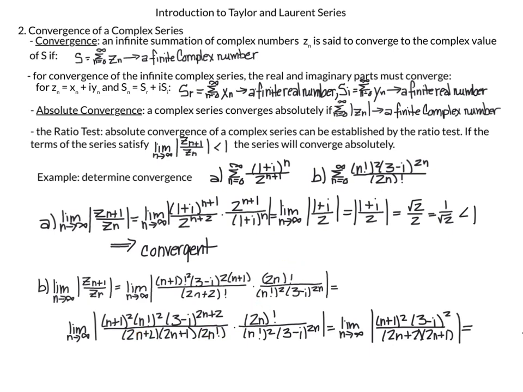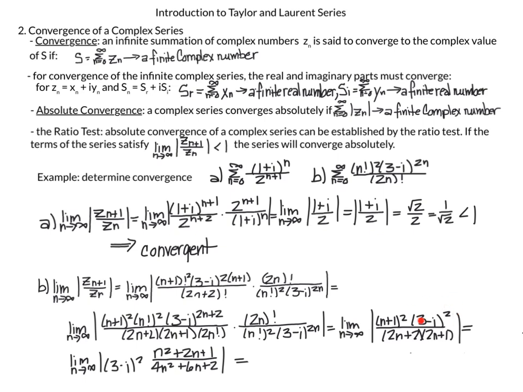I can cancel my factorials and this factorial squared. And over here I have (3 minus i) to the 2n, so I can cancel all but 2 factors of that. So now I'm going to be left with (n plus 1) squared times (3 minus i) squared all over (2n plus 2)(2n plus 1).